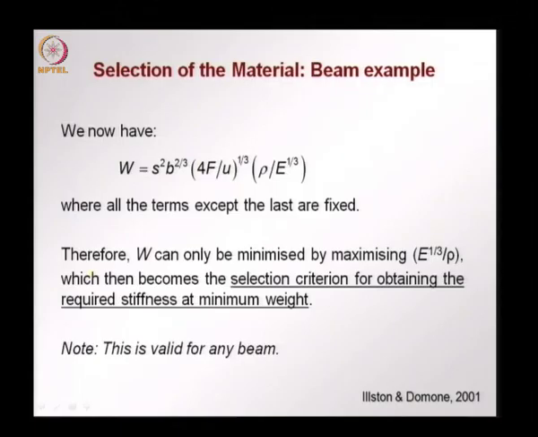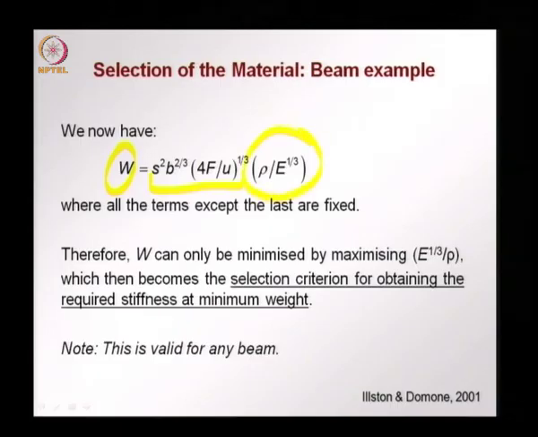separating them into different terms, where the first part is either fixed or depends on the other parameters, and what can vary and influence the weight is this parameter, which is rho divided by the cube root of the Young's modulus.